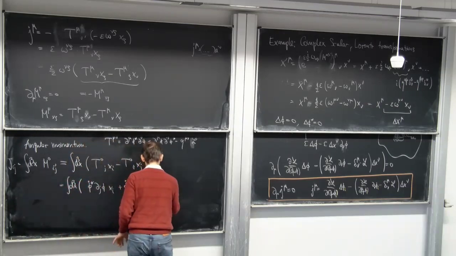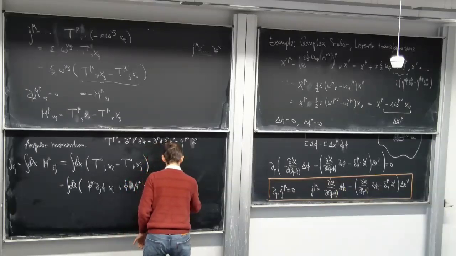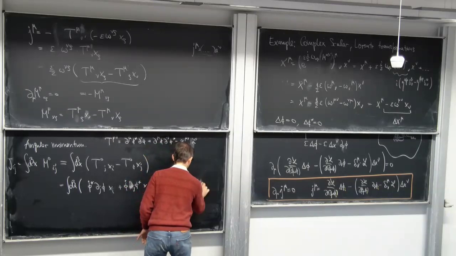So minus phi dot star d_i phi x^j minus phi dot d_i phi star x^j.